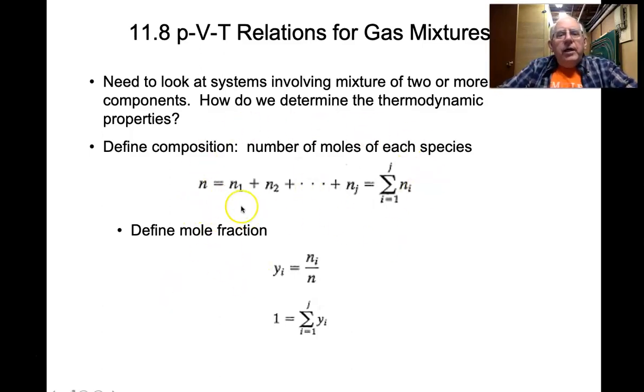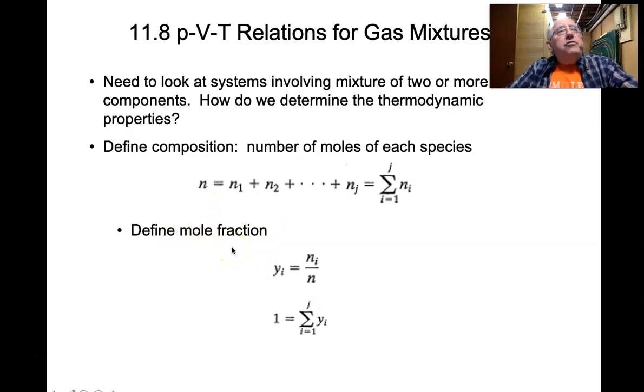If we assume that we have J different components, we could then add up the total number of moles associated with the mixture, call that capital N, and then we can define a mole fraction. The mole fraction is just the ratio of the individual amount of moles divided by the total number of moles. So y sub i will be referred to as the mole fraction.